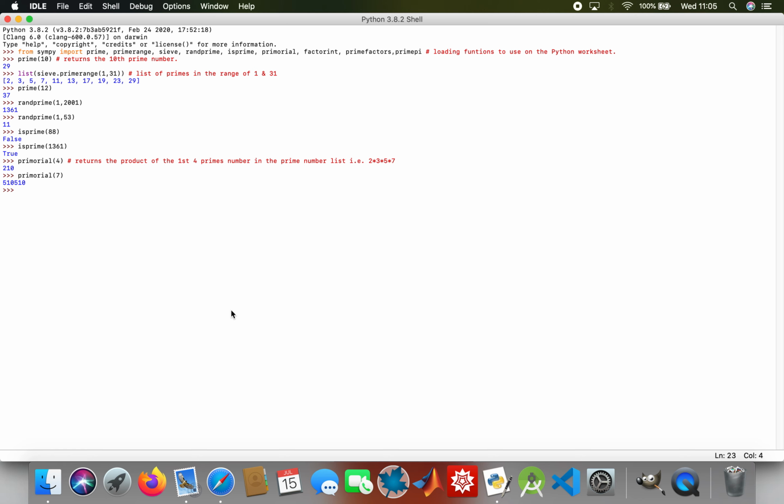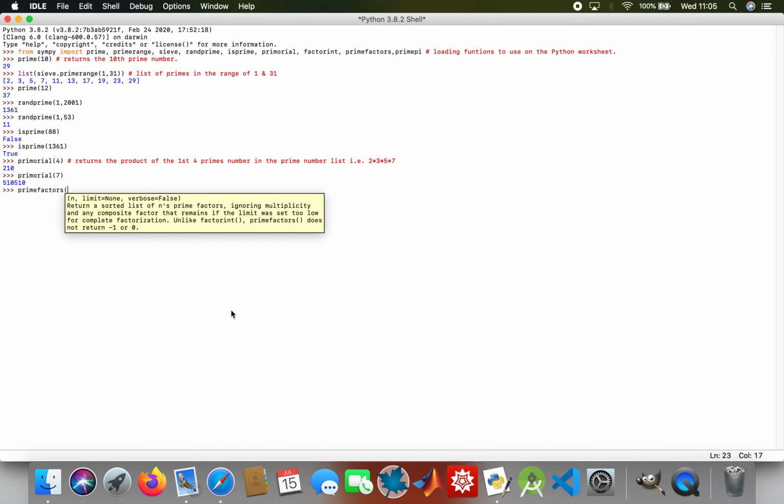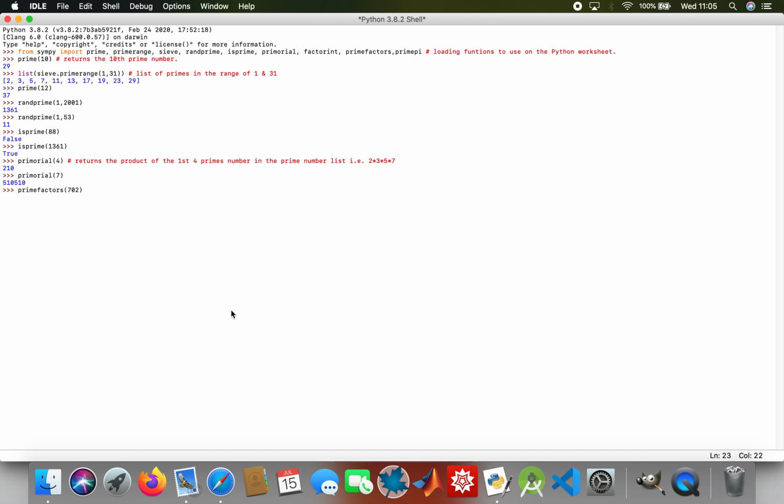And then another neat function as well is prime factors. So this will give us the prime factors of 702, right? So 2, 13, and 3.